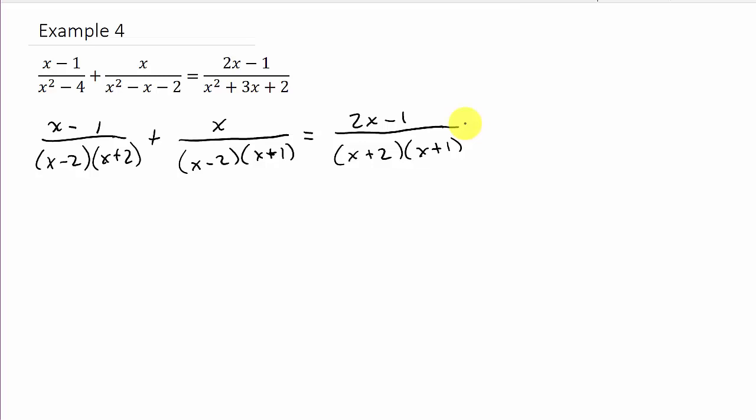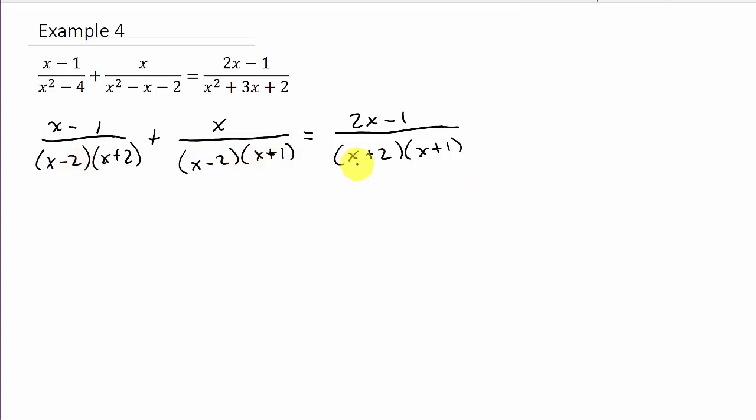Alright, so the next thing we want to do, now that we've got all the denominators factored, is find any restrictions. Now, if none of the denominators factor, then you just go straight to the restrictions. So what we want to do is see what makes each denominator 0.